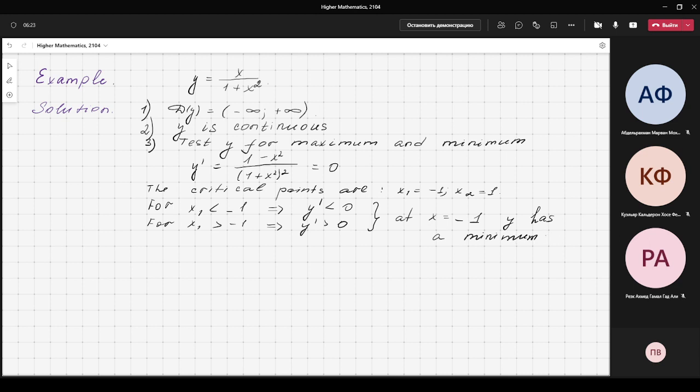And the minimum value of our function is y at the point x equals minus 1.